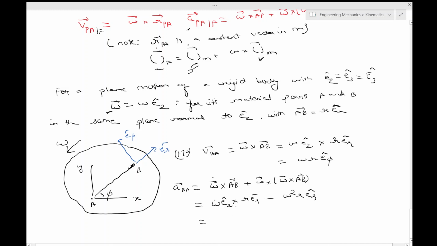So this can be written as minus omega square R E_R hat plus omega dot R E_phi hat.